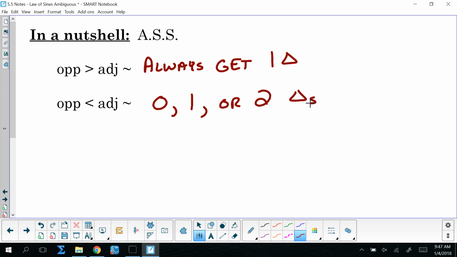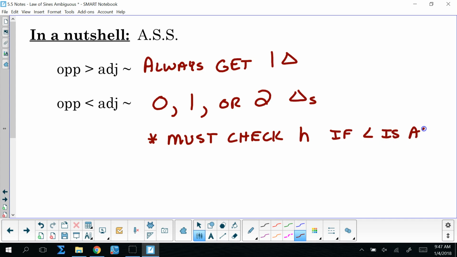We have to check our height, because that's going to determine 0, 1, or 2 if our angle is acute.